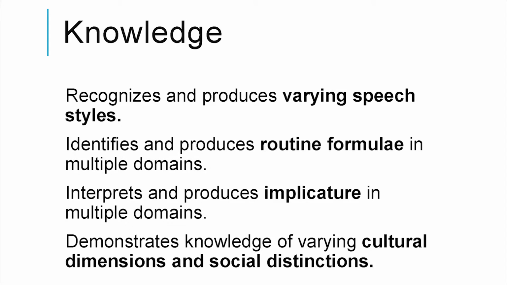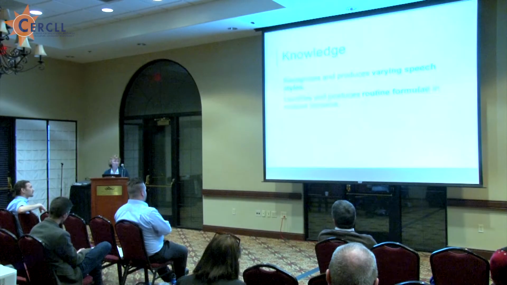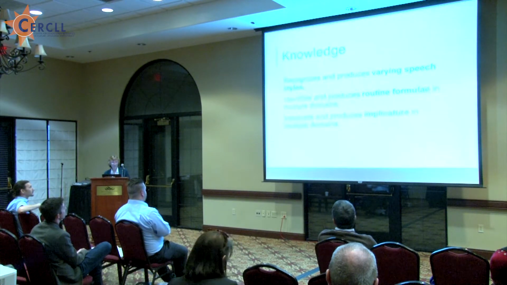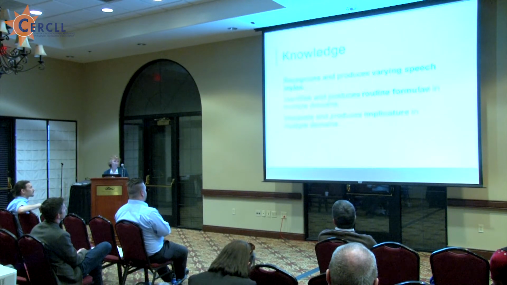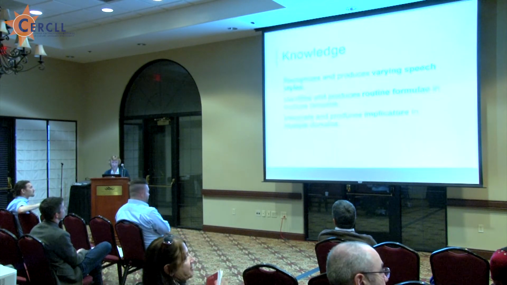We would want to see that they identify and produce routine formulae in multiple dimensions, and that they interpret and produce implicature in multiple domains, that they understand the implicature that they're facing, and that they demonstrate knowledge of varying cultural dimensions and social distinctions. So this is just knowledge about cultural differences and how to deal with them differently in the particular language that they're studying.